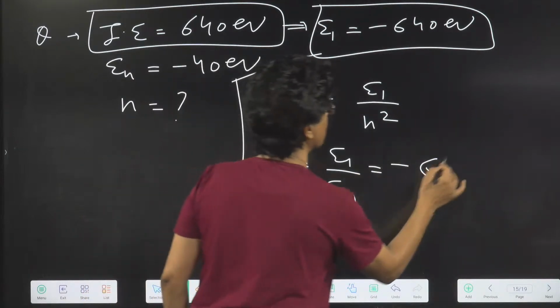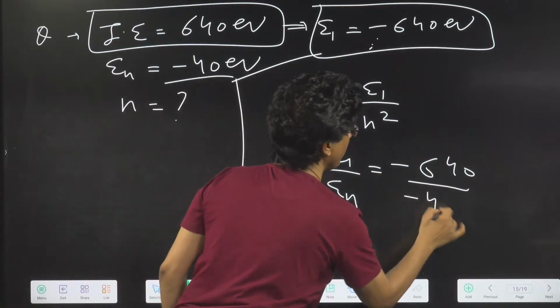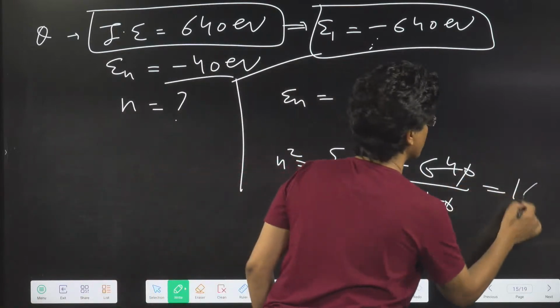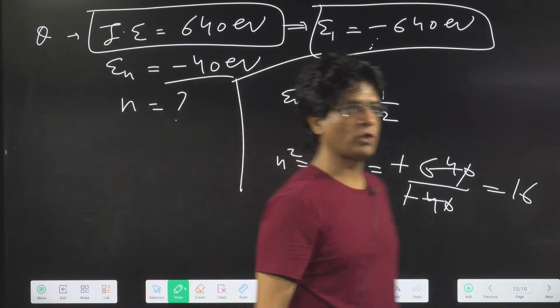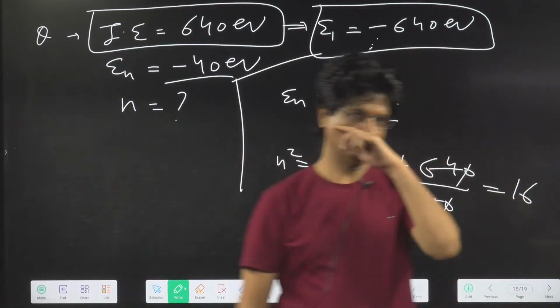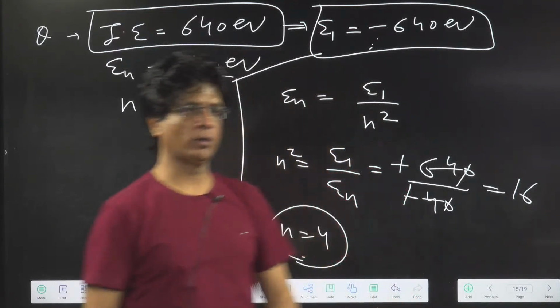E1 is 640 negative, and En is minus of 40. So this will be cancelled. This will be 16. So N square is 16. N will be 4. We are in the fourth orbit. They're talking about the fourth orbit, children. Yes or no?